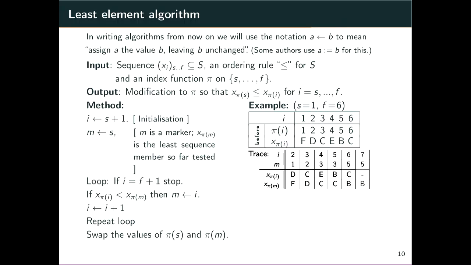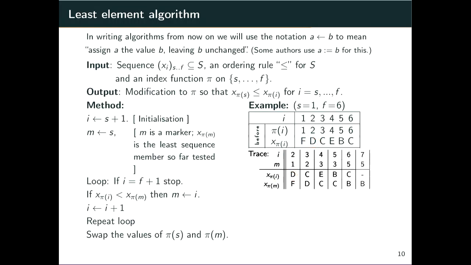So what's our I? Our I is s plus 1, so that's 2. Our m, we're starting at s, so that's 1. So our I is 2 and our m is 1. What's x pi I? That's exactly the value in the second.